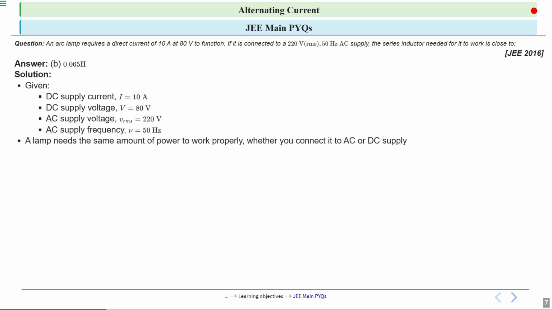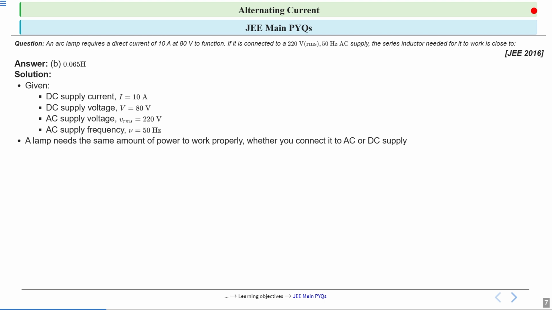The lamp needs the same amount of power to work properly, whether you connect it to AC or DC. So the power delivery and power dissipation should be the same. The resistance is the same because the arc lamp is the same, so resistance will not change.